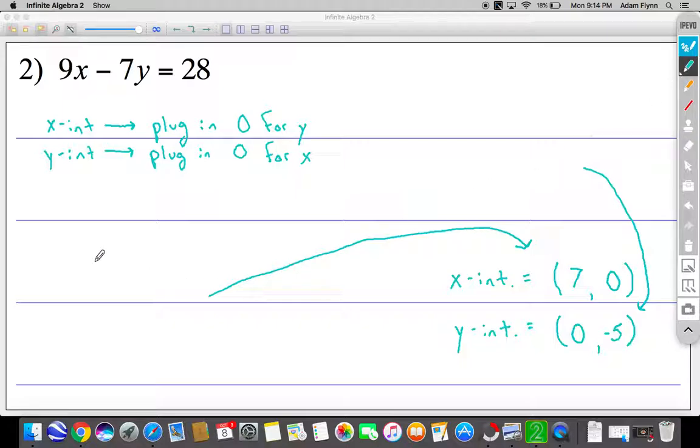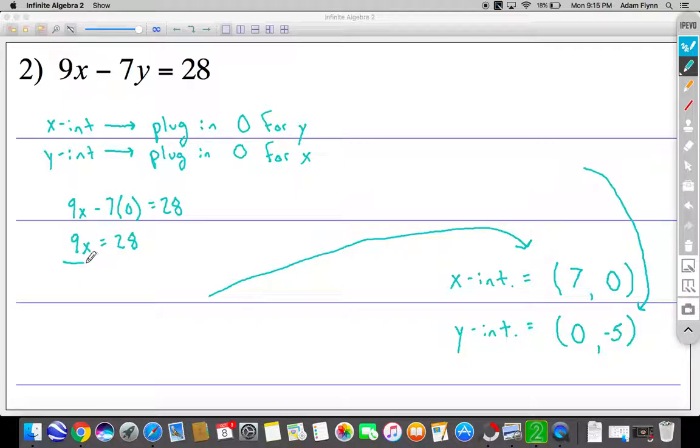Okay, so I'll do my x-intercept again over here. So I've got 9x minus 7 times 0 equals 28. So I get 9x equals 28 because negative 7 times 0 is 0.